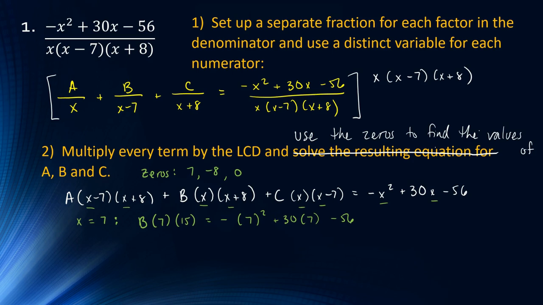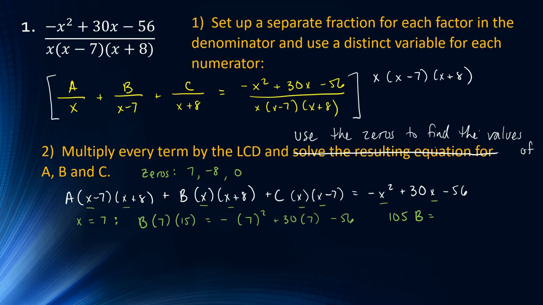Now when I go to simplify that, 7 times 15, you can do that on your calculator, that's going to be 105. Sorry, it's a b. And then if I simplify the right side, 7 squared is 49, and then make that a negative, so negative 49. And then 30 times 7, that's 210.